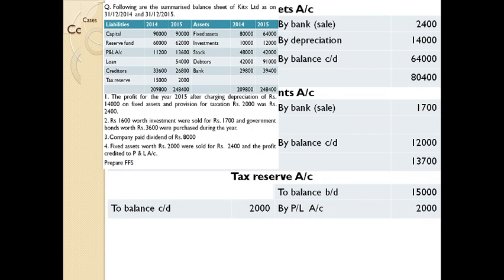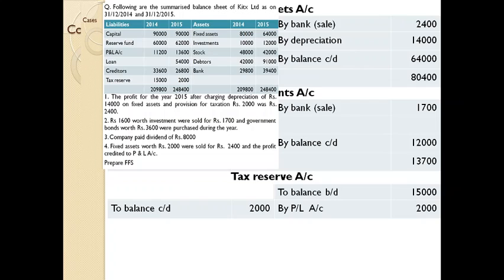So remember, by P&L 2,000 has to be shown, and that is how we recorded that 2,000 as by P&L instead of to cash. See, in the first information it is said that profit for the year 2015 after charging depreciation of rupees 14,000 on fixed asset and provision for tax 2,000.